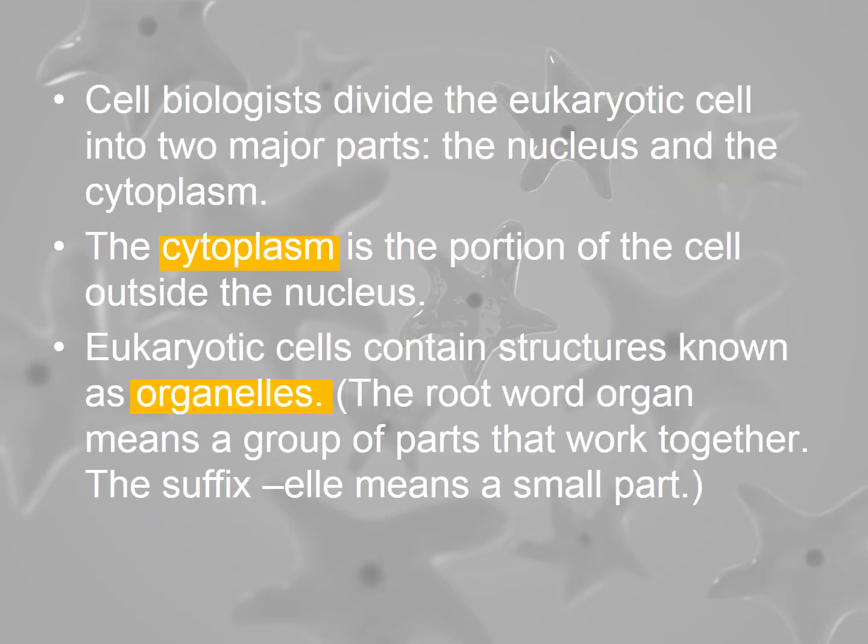Cell biologists divide the eukaryotic cell into two major parts. There's the nucleus, which you can typically see on a microscope, and then there's the cytoplasm. Pretty much the cytoplasm is everything outside of the nucleus. Please highlight cytoplasm. And you can add to the cytoplasm description, like to the side of the slide, that it's a jelly-like substance.